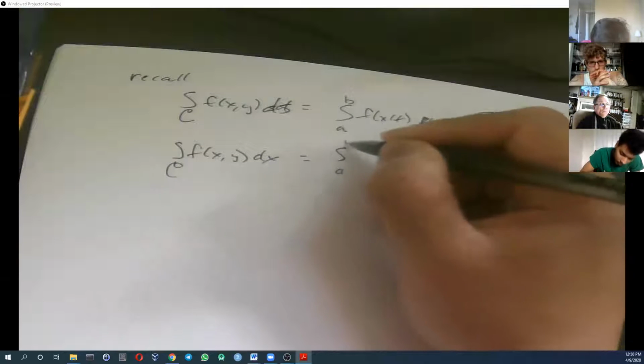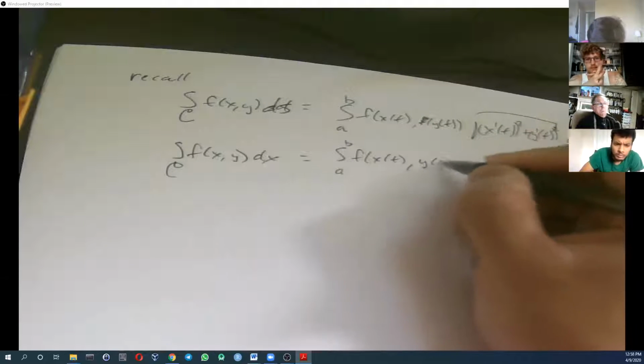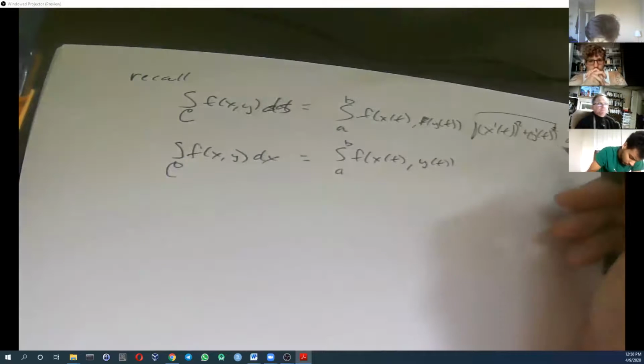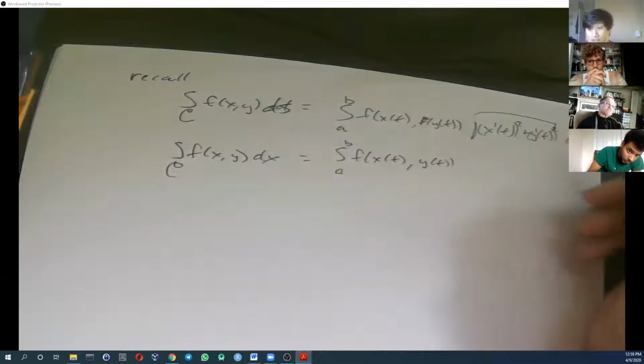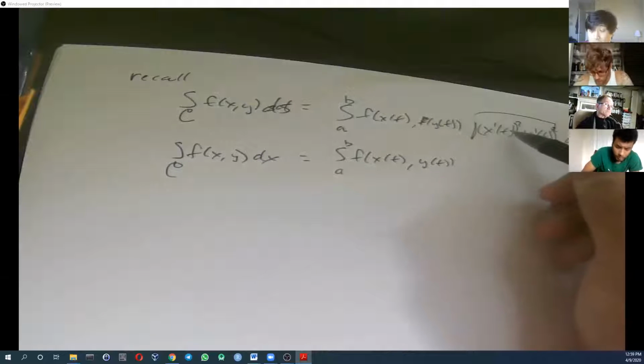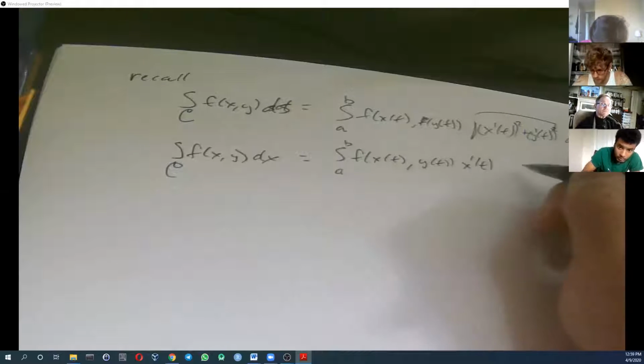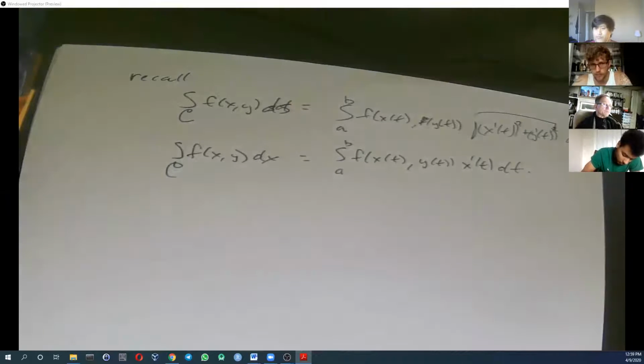The integral from a to b of, I'm still evaluating my function, but now the y changes don't mean anything. They're zero, essentially. So I should just get the square root of x prime squared, which is just x prime of t dt. That's because you integrated with respect to dx? Because I'm integrating with respect to dx, exactly.